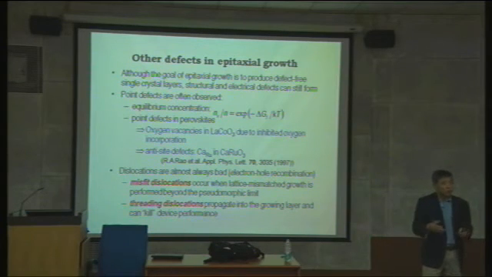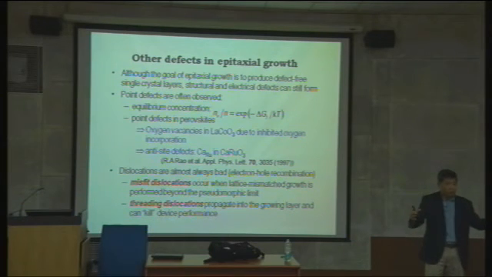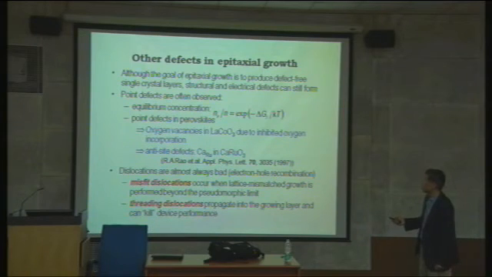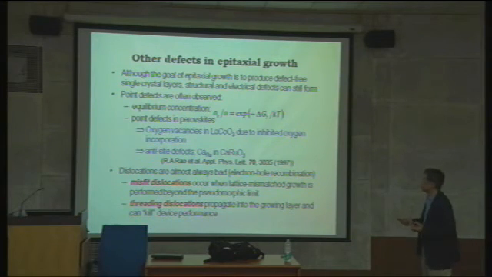Certain systems do this. One good example is calcium ruthenate, with anti-site defects making the calcium ruthenate lattice bigger, so you can accommodate the lattice mismatch with the big strontium titanate. And in lanthanum cobaltate, oxygen vacancies make the lattice bigger or smaller to accommodate it.